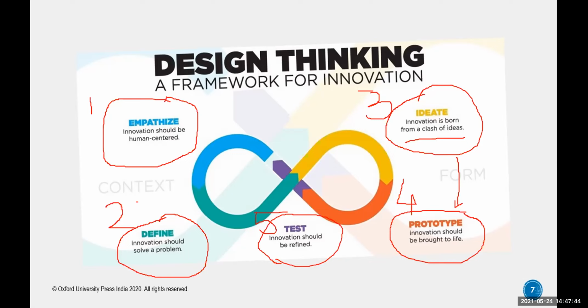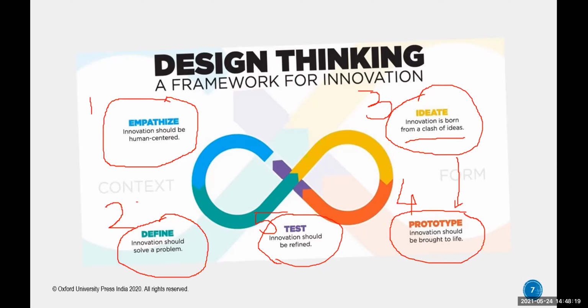Starts with empathizing, then defining, then ideating on the solution. So defining the problem, ideating on the possible solutions. Okay. Then out of those solutions, you select the best one and prototype on that, right? After prototyping, you go to the customer and test it with the customer and get the feedback. And based on the feedback, you again begin this cycle of ideating and prototyping. So this cycle will continue. That's why they call it an iterative process.